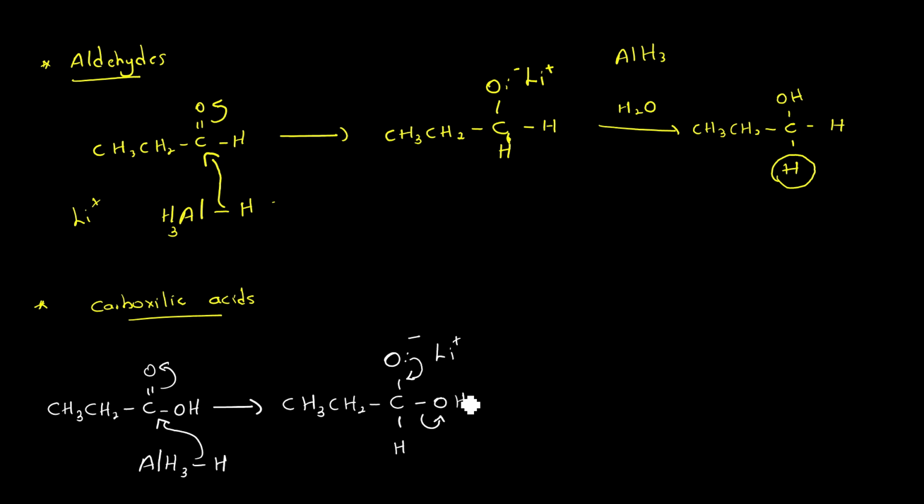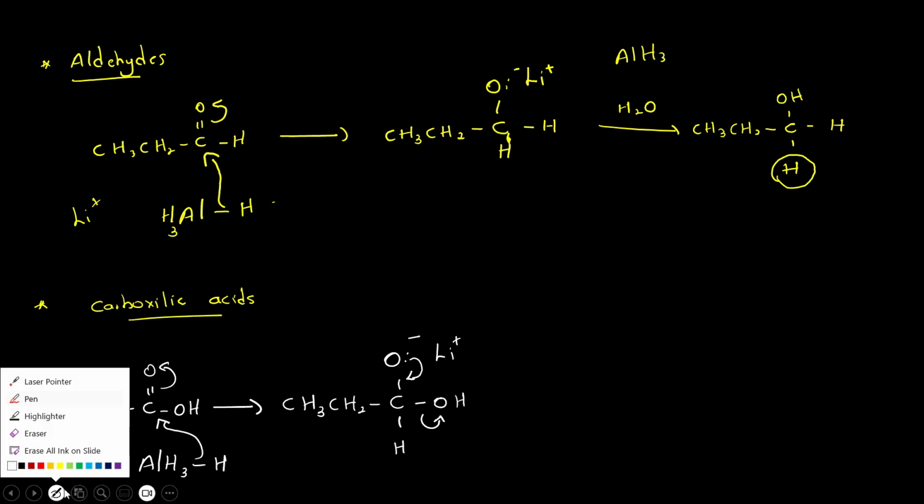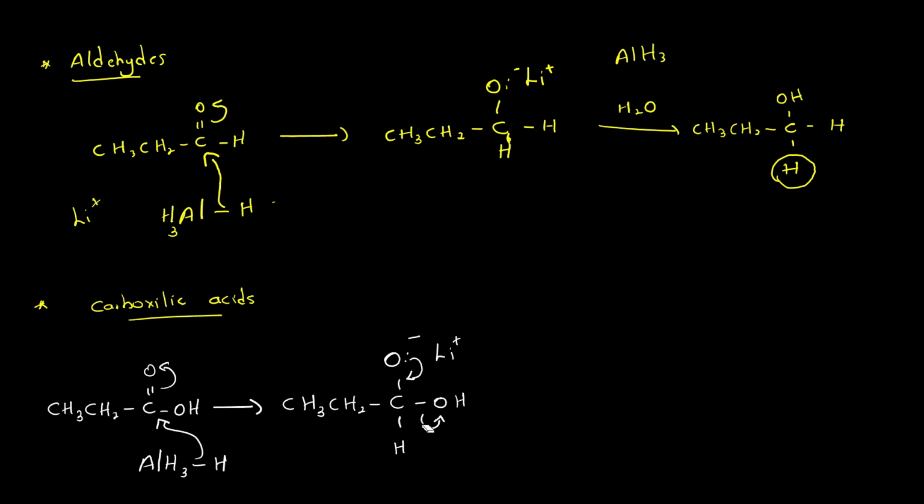You can draw this as this simple step, or if you want to be more accurate, before removing this OH minus group, you can add a proton to it and make it a water molecule. OH minus is not as good a leaving group as H2O. H2O is a much better leaving group. So you can put water here, and there is a double bond here, and you can draw the attack of this oxygen atom towards the proton.